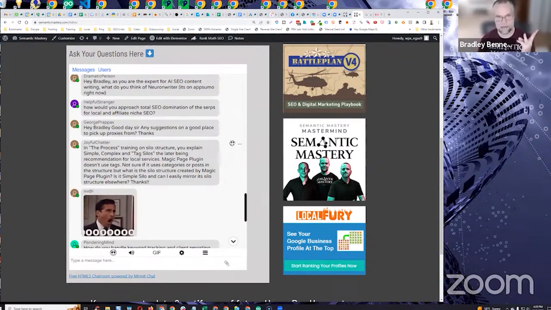So it's 3 layers deep. So it's called a complex silo structure for a reason. It adds a lot of complexity. So even with the Magic Page mass page builds, I recommend a simple silo structure, and then you can mirror that a lot easier. Complex silos become difficult to mirror, hence the name complex.